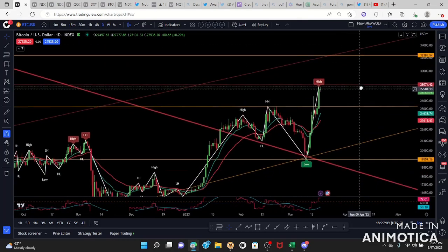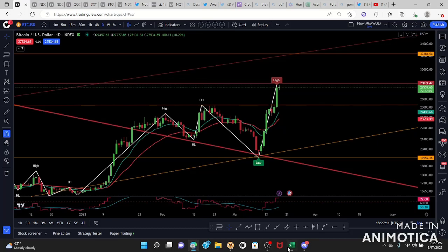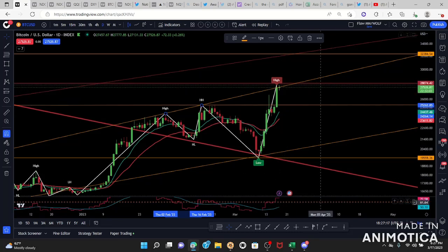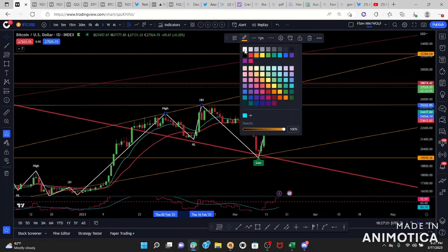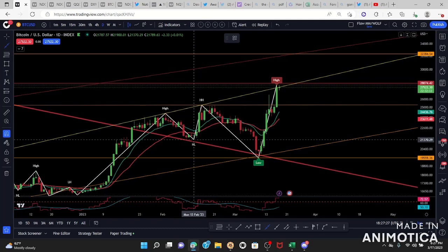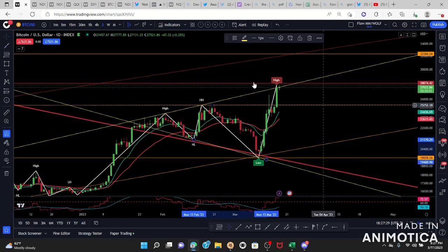On the daily, right back to the daily, let's draw some trend lines. So right now it's right on the megaphone here. Let me draw yellow, just so you can see this is a megaphone.